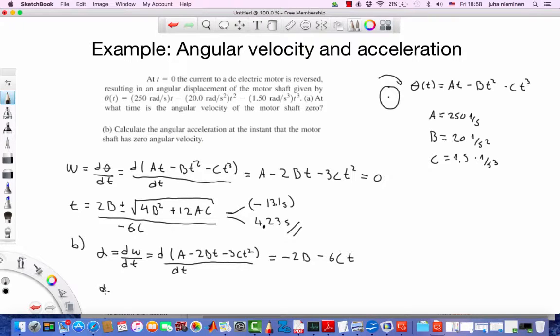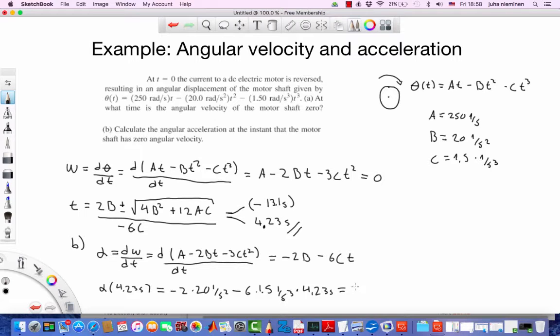And then we can plug it in. So at 4.23 seconds, we get minus 2 times b times 20, 1 over second squared, minus 6 times c, which is 1.5, 1 over second cubed, times the time, so 4.23 seconds.